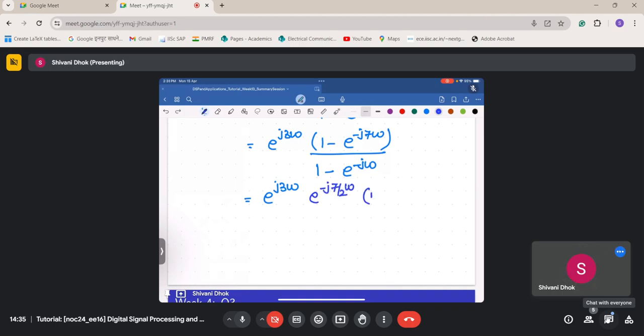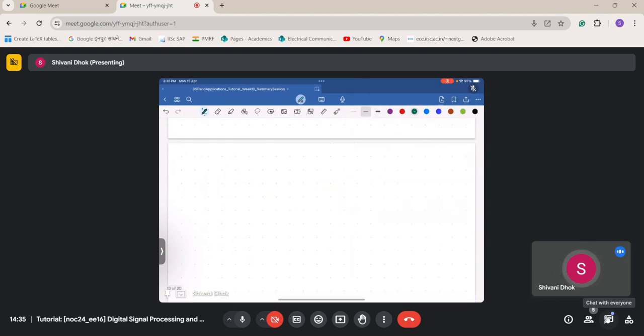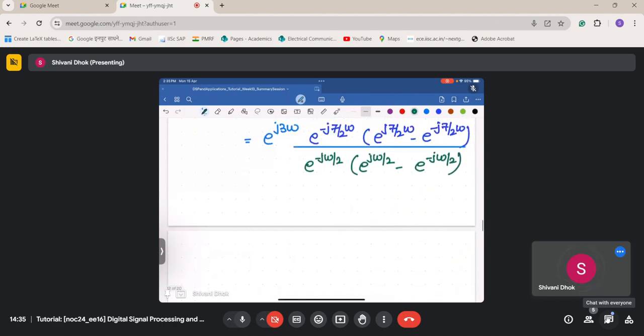I will be left with e power j 7 by 2 omega minus e power minus j 7 by 2 omega, divided by, from the denominator, I can take out common e power minus j omega by 2. So I'll be left with e power j omega by 2 minus e power minus j omega by 2. Now I can divide numerator and denominator by 2j.